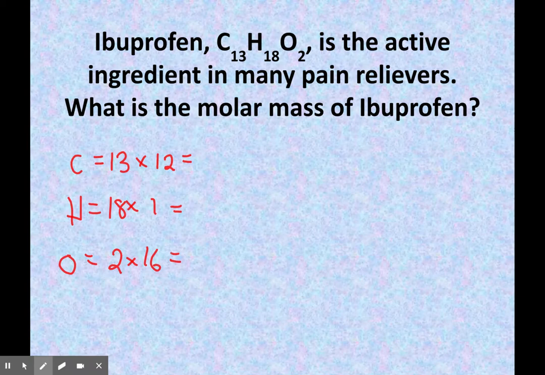I'm rounding to whole numbers now, and like I said on homework, we'll do 2 decimal places. So we're going to have 156, 18, and 32. We need to add all these together for a mass of 206 grams. We're going to need this in the next step.